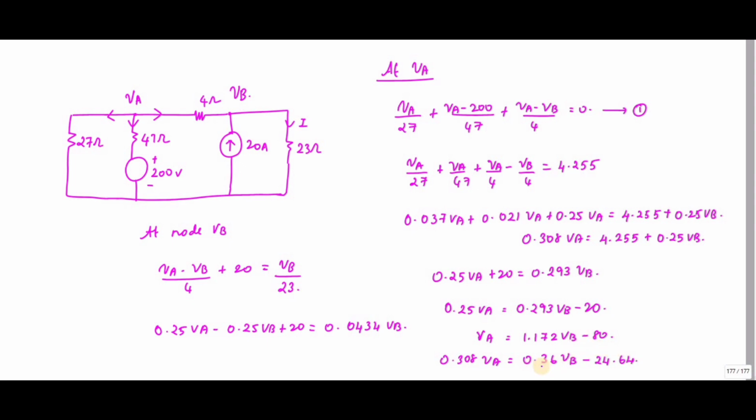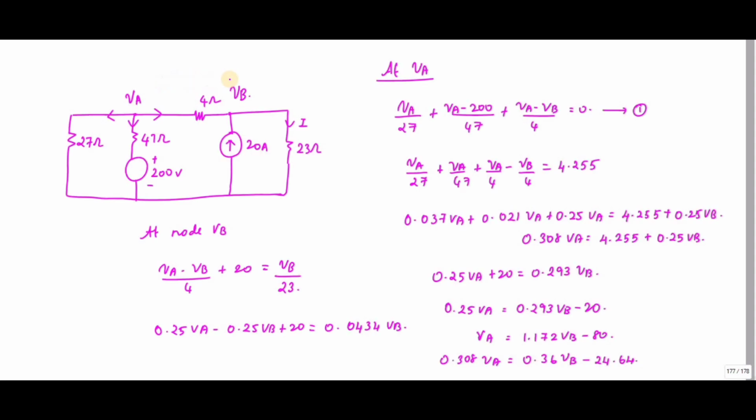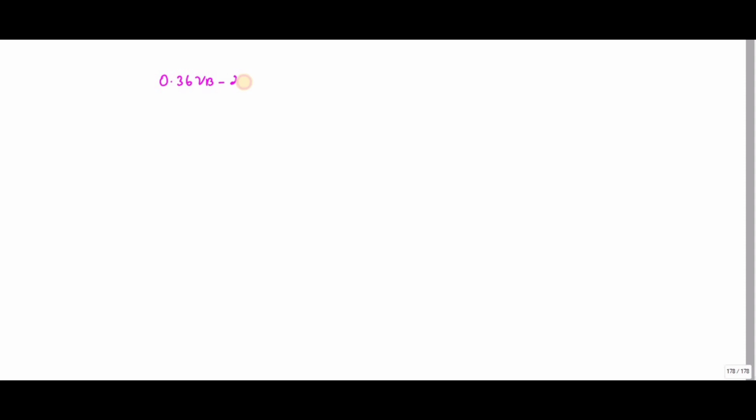So I'm going to substitute this one: 0.36 VB minus 24.64 is equal to 4.25 plus 0.25 VB.